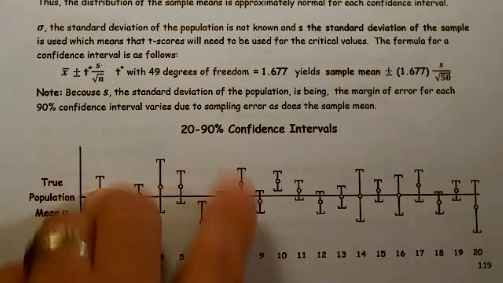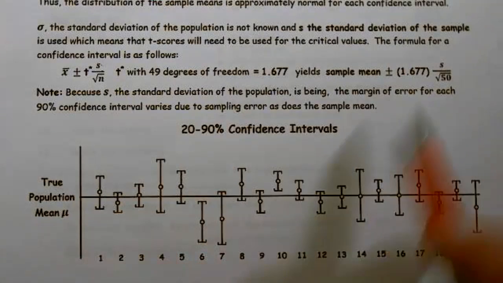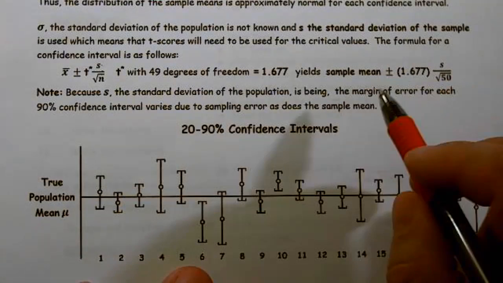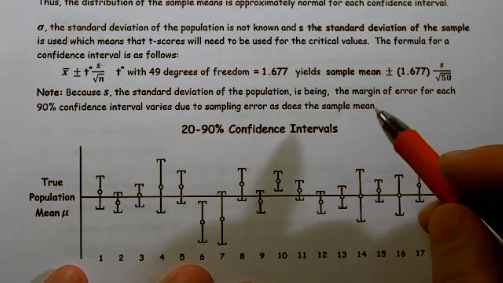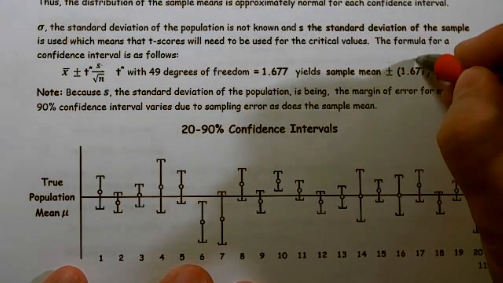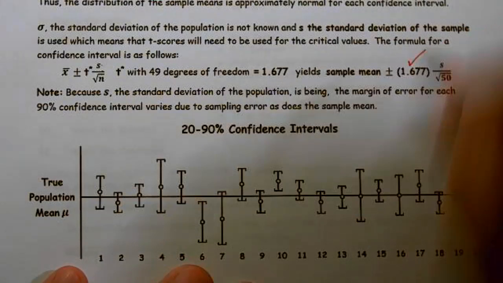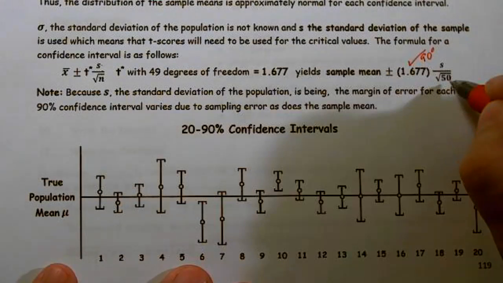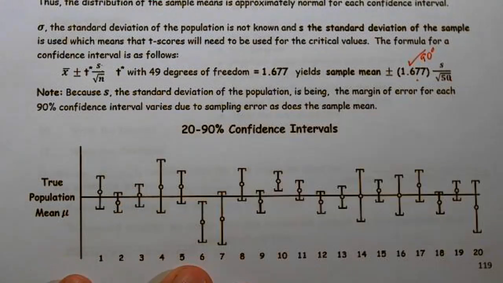So that's where the 1.677 comes from. And once again, for every sample of size 50, this will be my T star if I want a 90%. I'm setting it at 90%, and this at 50, this will be 1.677.